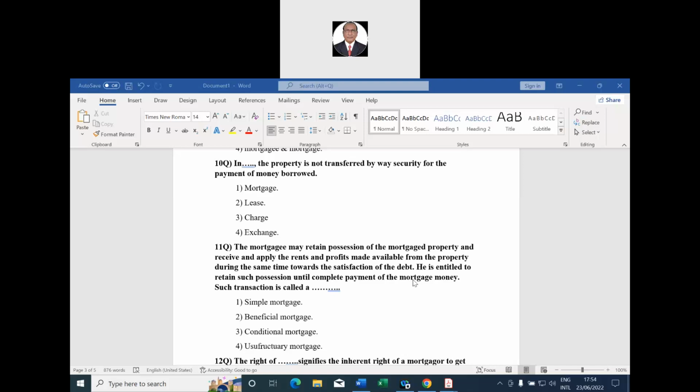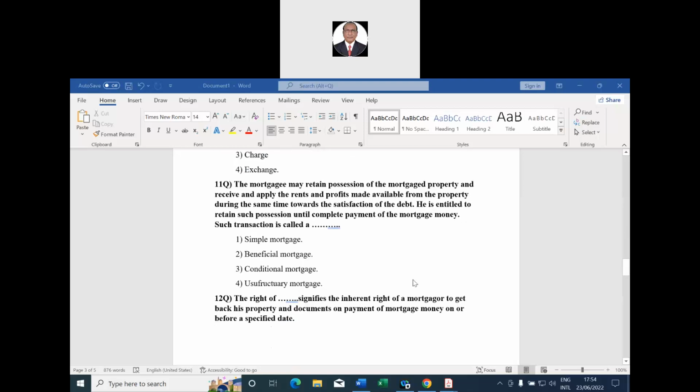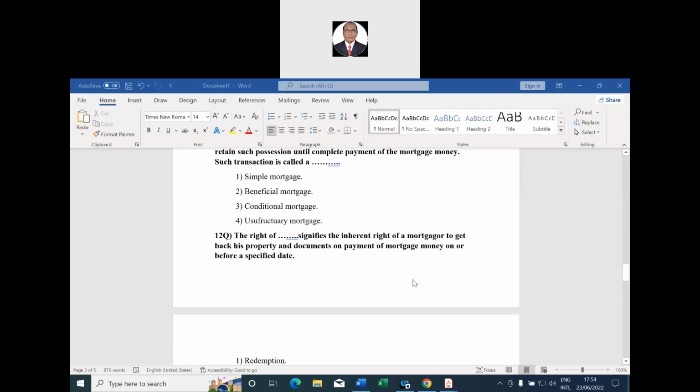Such a transaction is called a dash. 1, simple mortgage. 2, beneficial mortgage. 3, conditional mortgage. 4, usufructuary mortgage. It is the usufructuary mortgage, where he could enjoy the benefits till the debt amount is paid back to him. I don't think they take interest also, because he is enjoying the usufruct.